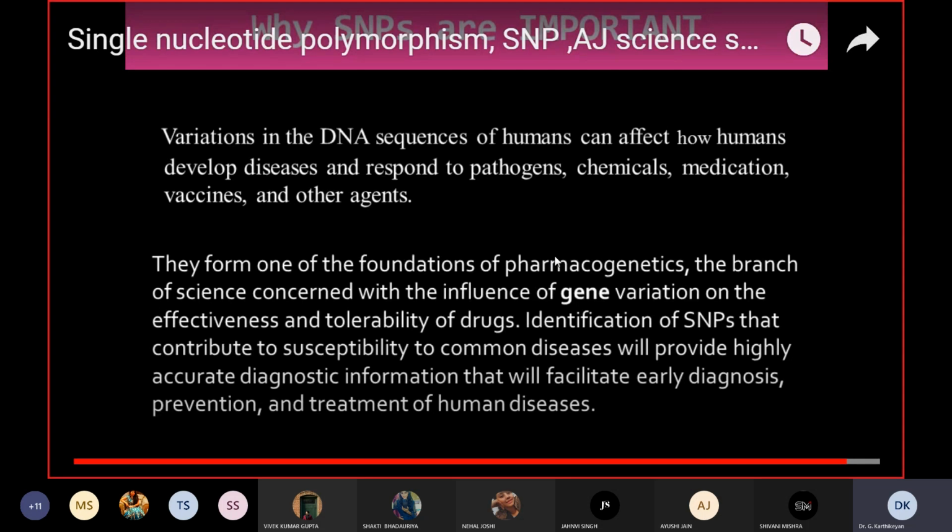We are looking at a day when sequencing will be so common that you yourself will be able to figure out what is best for you. Of course, it's going to take time and effort on your part to understand how you are going to respond to anything, whether it is a pathogen, a vaccine, or a drug. So this is what I wanted to talk about SNPs.